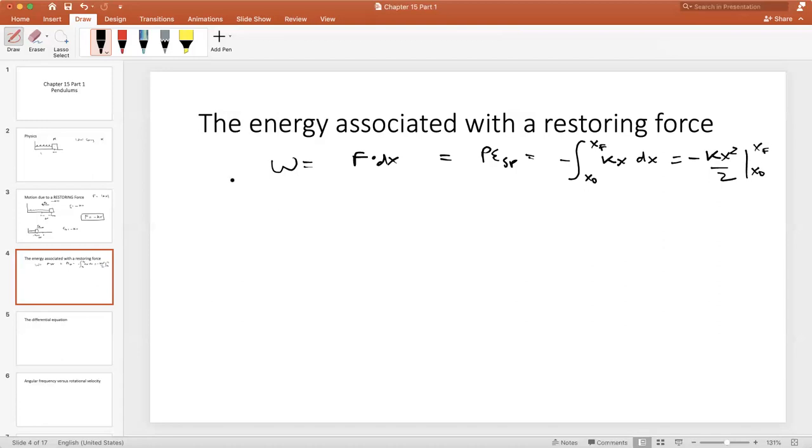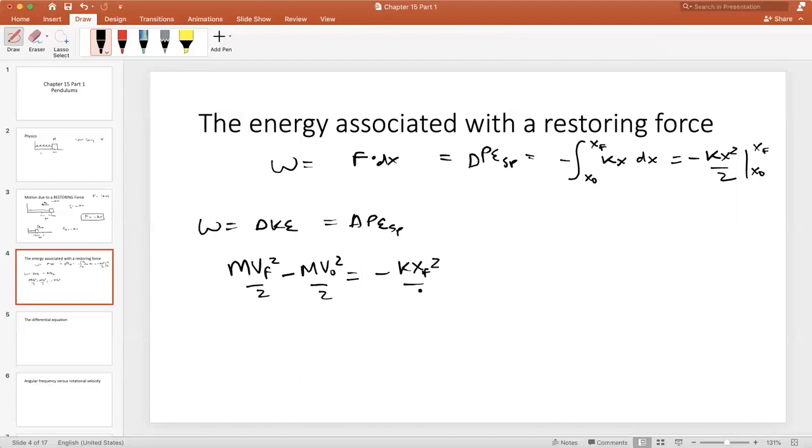We also know that the work is the change of kinetic energy. So the change of potential energy, I should really say this is a change, is equal to the change in kinetic energy. That gives us mv final squared over 2 minus mv initial squared over 2 is equal to, notice that this is negative, kx final squared over 2 minus kx initial squared over 2.